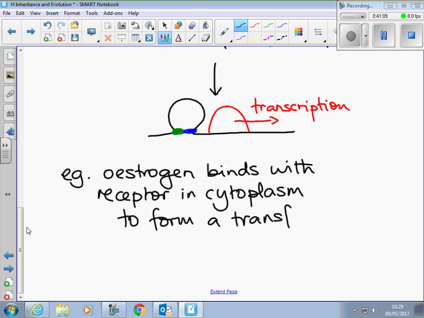Oops, I can't get myself to write transcription. Come on, transcription factor. All right, so any of the steroid hormones could do that because they can diffuse through the surface membrane, and that is how they do their job.